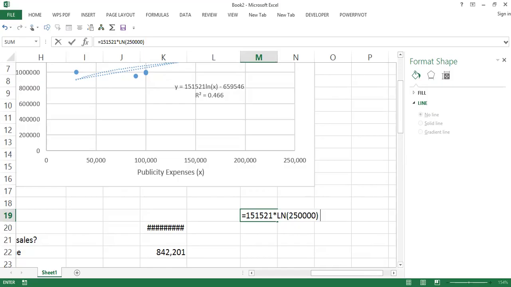Minus 659,546. Simple. See how simple it is.